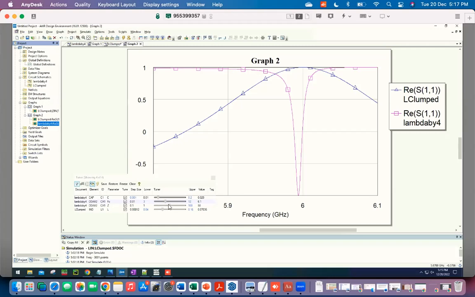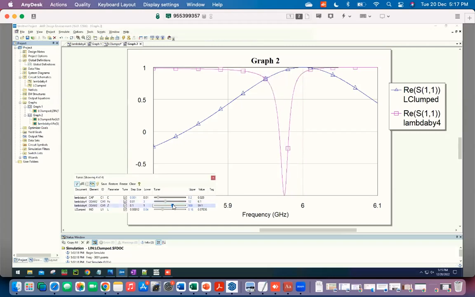Ohms. I am now increasing the Z naught, and in fact that also changes the frequency. So anyone apart from Panya, can you explain why this is happening? I'm not changing the length, right?